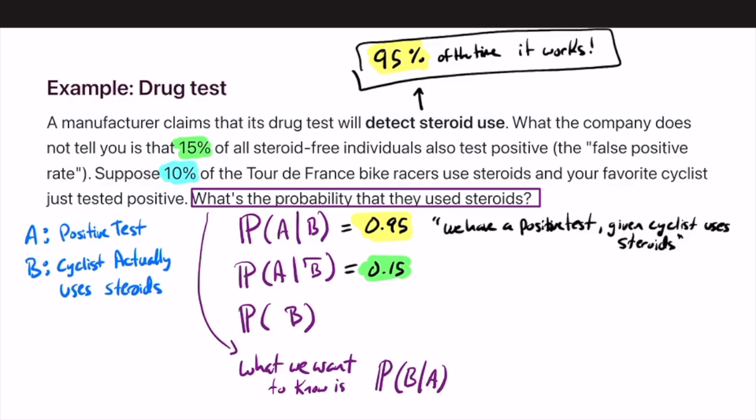So what the company does not tell you is that 15% of all steroid-free individuals also test positive. So in other words, we have a positive test given a cyclist does not use steroids.